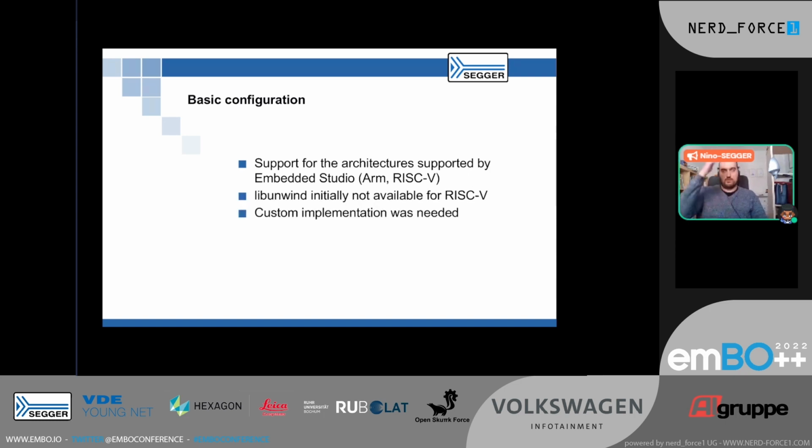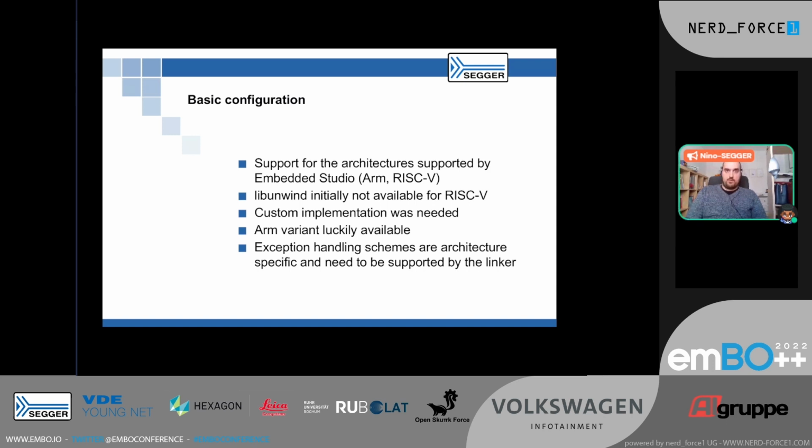First we looked at the libunwind library that I mentioned first, and it was initially not available for RISC-V, so we had to implement it ourselves. After doing this, we found the ARM variant was luckily already there, so we could skip the work there. That was very good because the RISC-V implementation was not trivial, but it was doable.